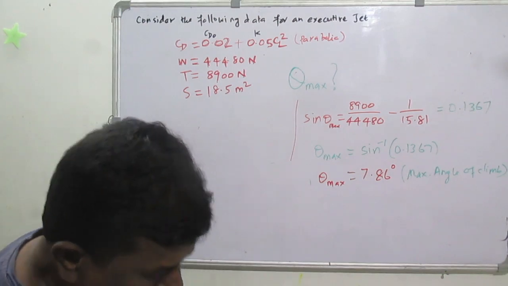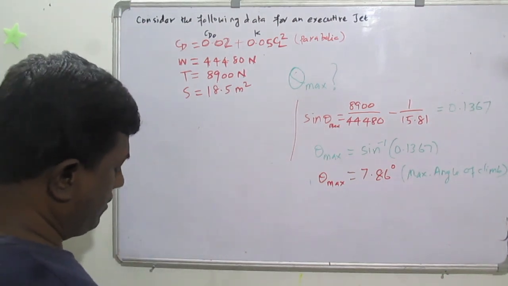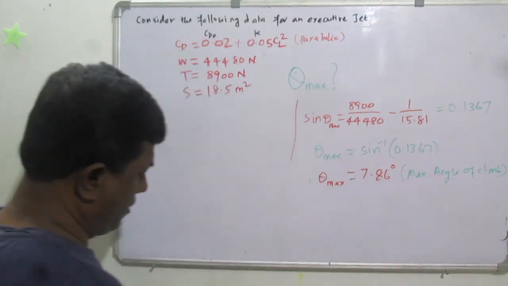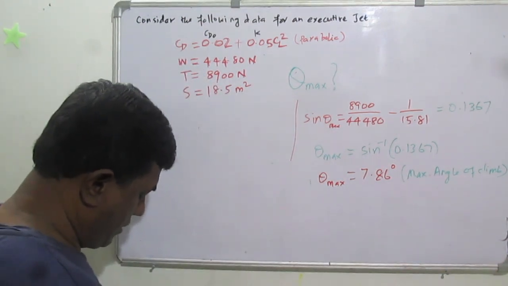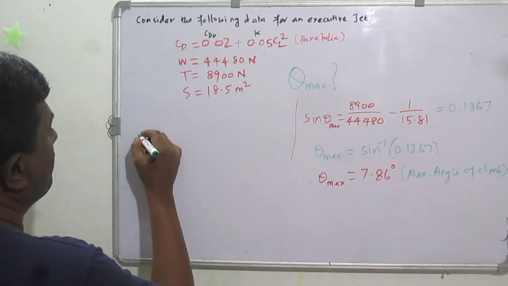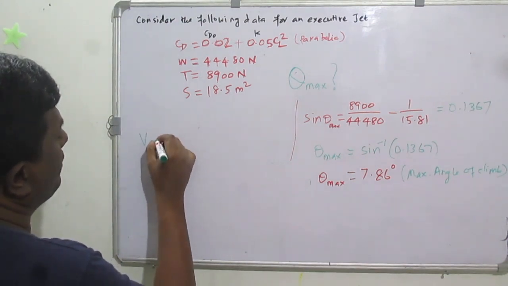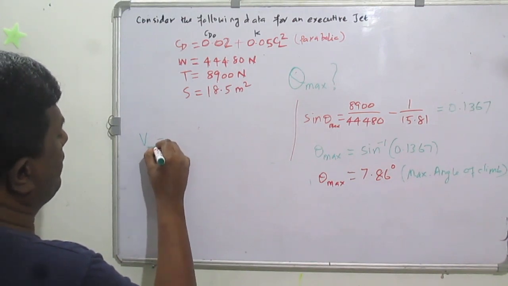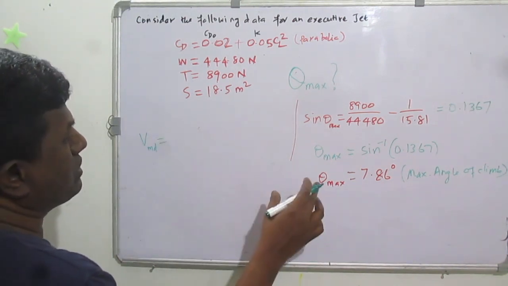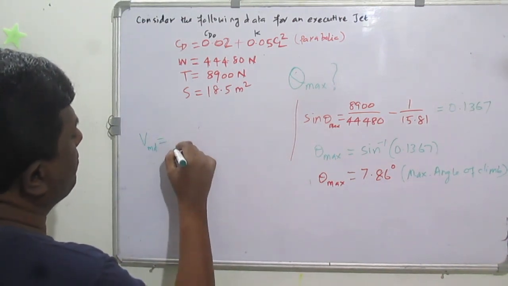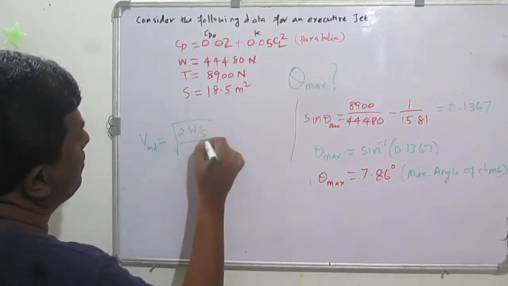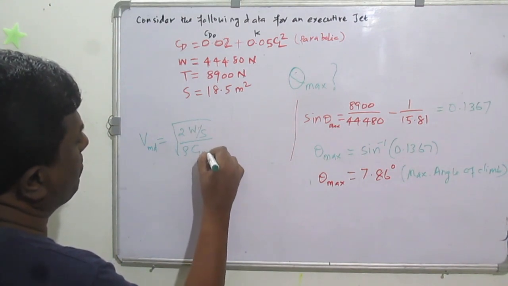So the velocity for the minimum drag condition, we can find out. Velocity minimum drag, because we are going to use the CL minimum drag only, equals square root of 2 W by S by rho CL minimum drag.